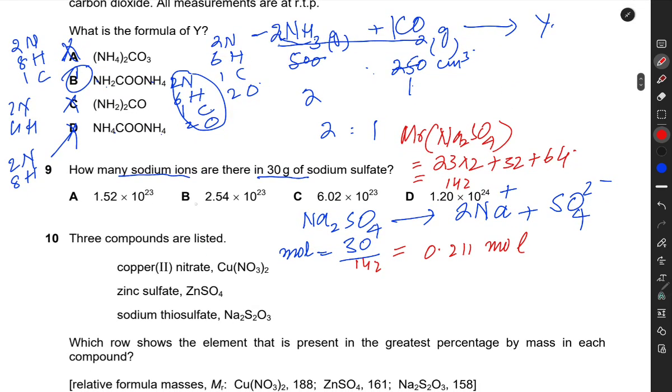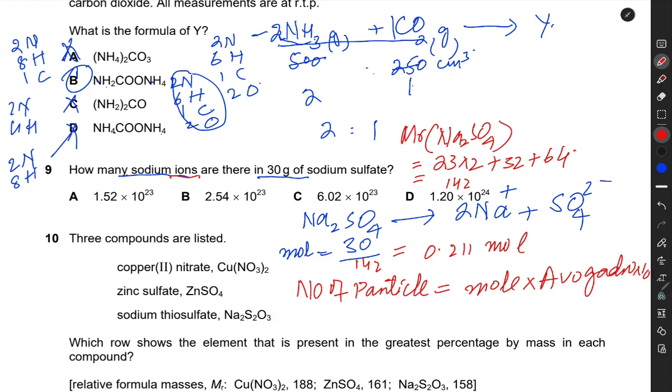So we know that how many sodium ions. Ion is the number of particles. So how to calculate the particles? We know that number of particles is equal to mole into Avogadro number. So mole is 0.211 into 6.02 into 10 raised to 23.